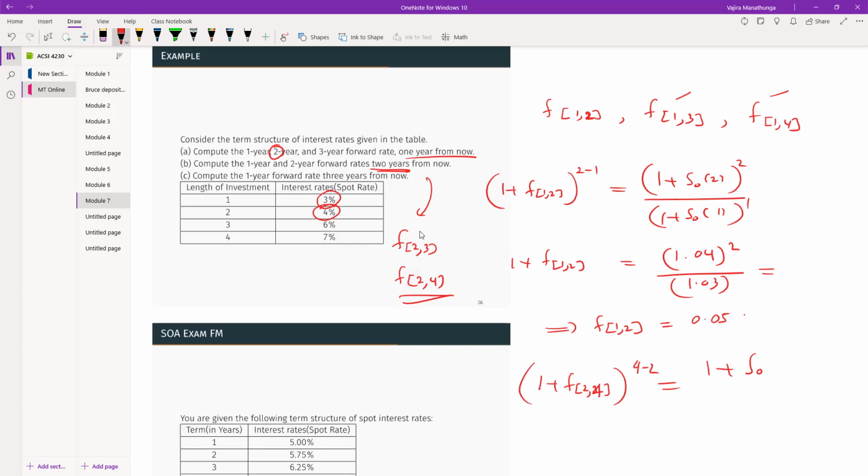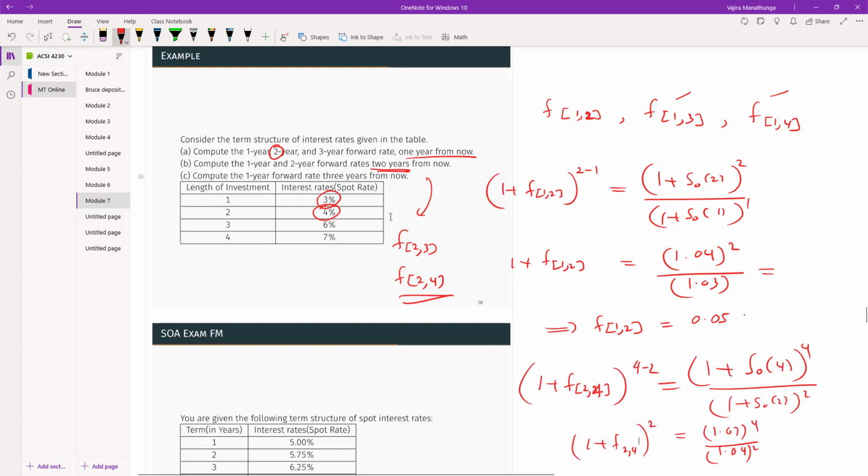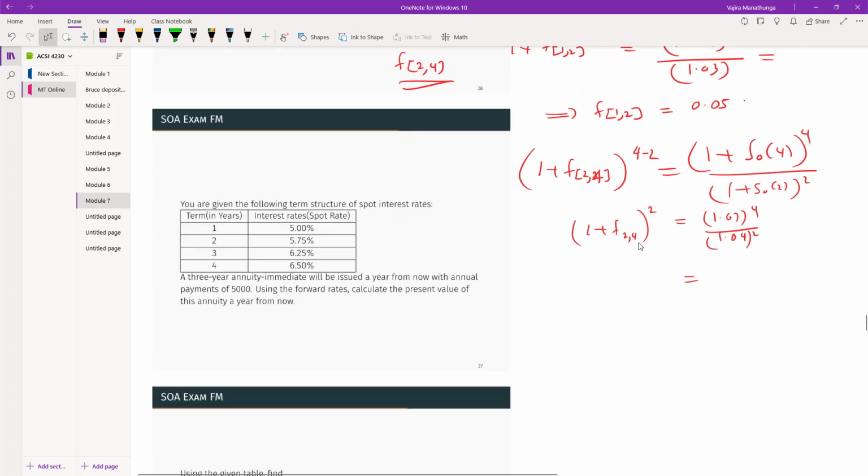So that would give me S naught. The 4 year spot rate is basically 7%. For 2 years, the spot rate is 4%. Let's first calculate this quantity and then take the square root to get the forward rate for 2 years from 2 years now.